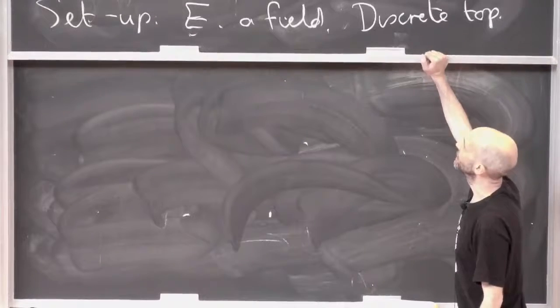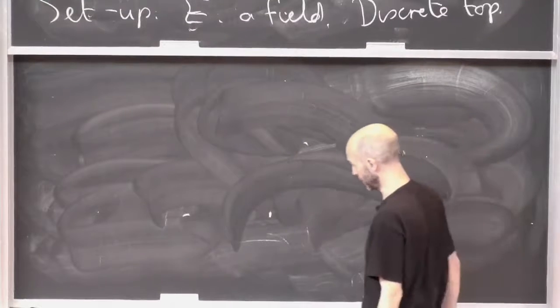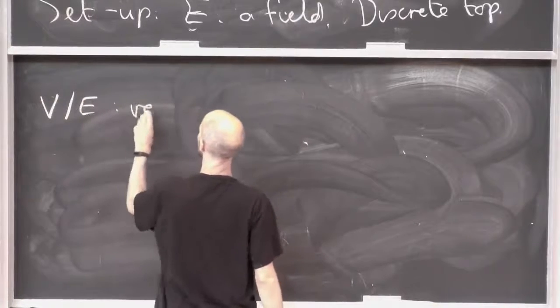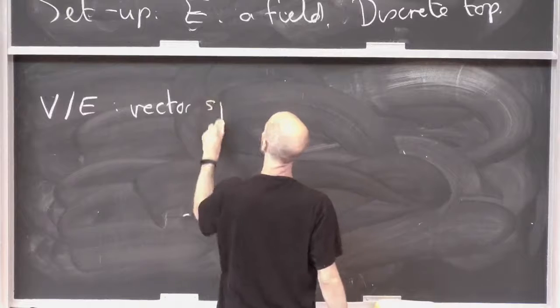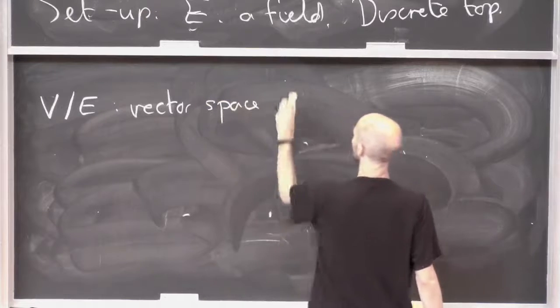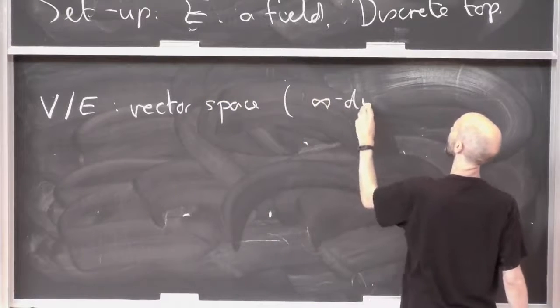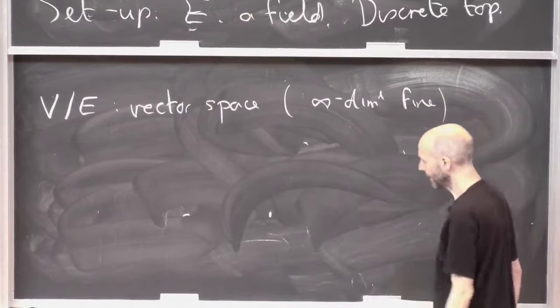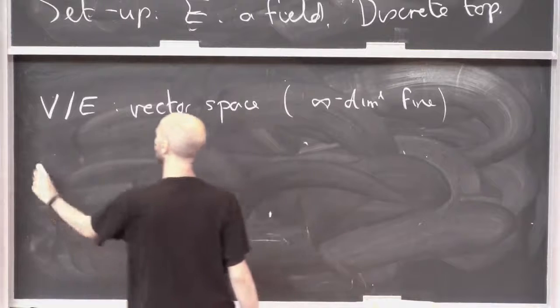But I think here I just need some random field. I don't think we need norms yet. So let's have V over E, a vector space. Okay, so infinite dimensional is fine. And of course, we've got K over Q_p finite.